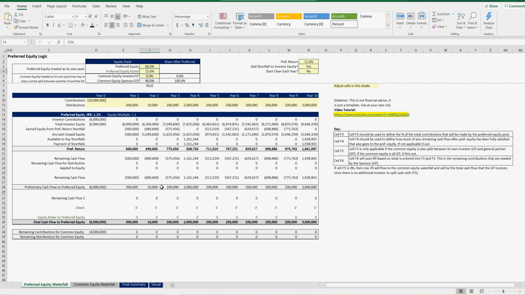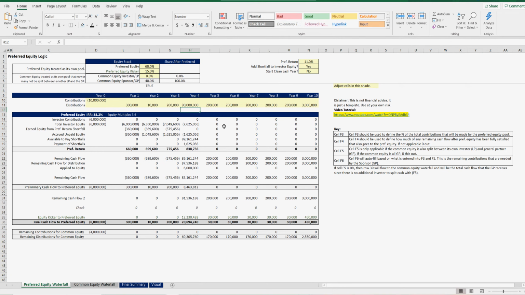Let's say you had, let's make this a bigger number. Okay, so just so we can see the logic. You can see here the pref return.